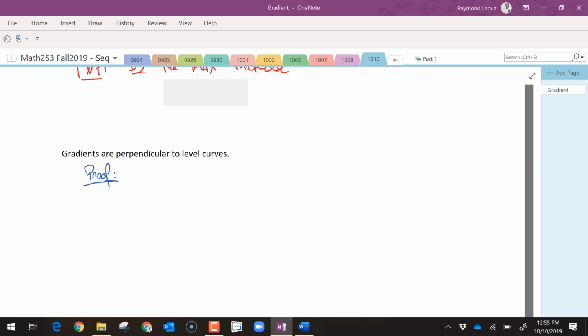So let's let f of x, y, z equals f of x, y be a function. And just to be safe, let's call it a differentiable function, because obviously we're going to take derivatives and we'll need to make sure that the derivatives are okay. And now what we're going to do is cut it. Let's draw that surface since we're drawing it.